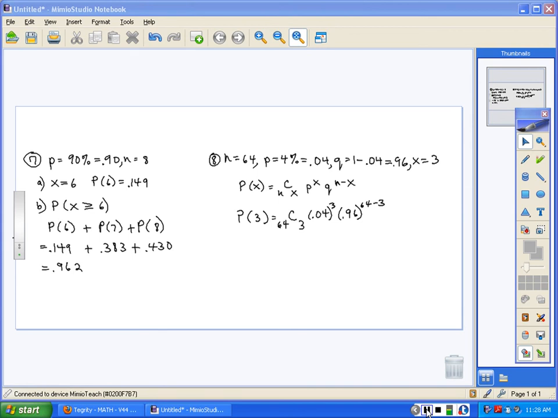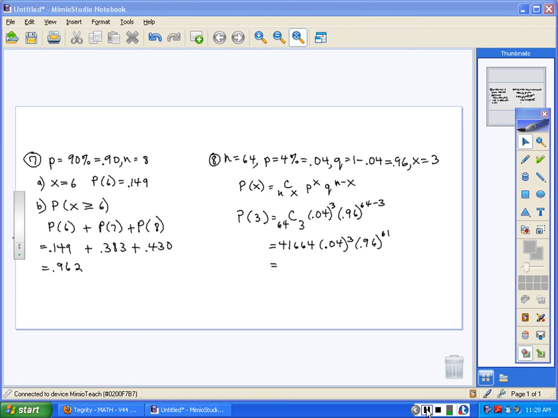And it turns out that that is equal to 41,664 times 0.04 to the 3rd times 0.96 to the 61. Okay, and the next thing you're going to write down is the answer. You don't want to show all these individual parts.